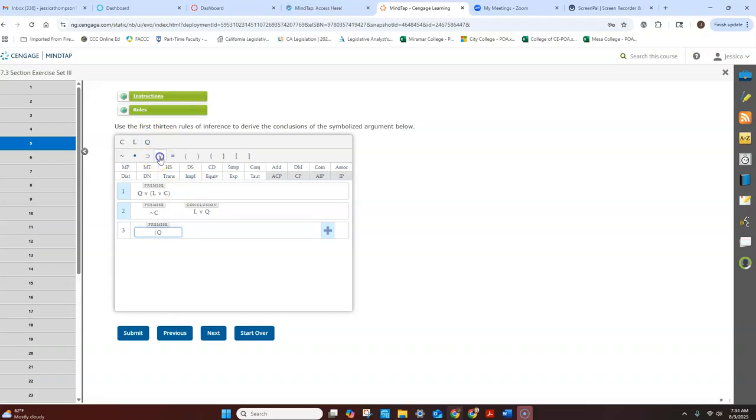Q or L, close parentheses, or C. And that was 1, and that's called associativity.